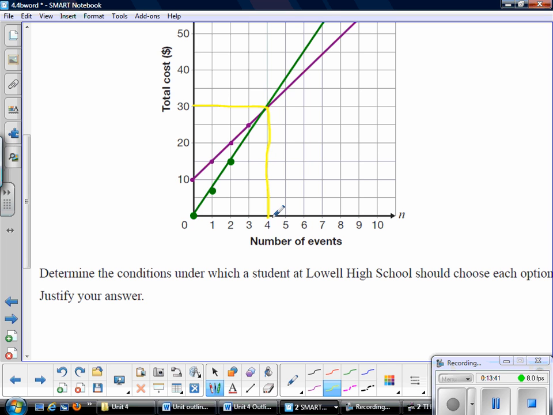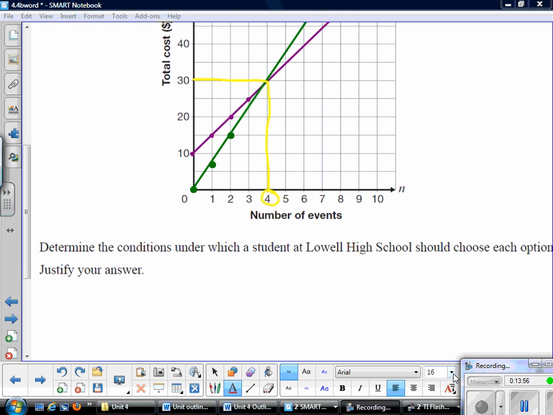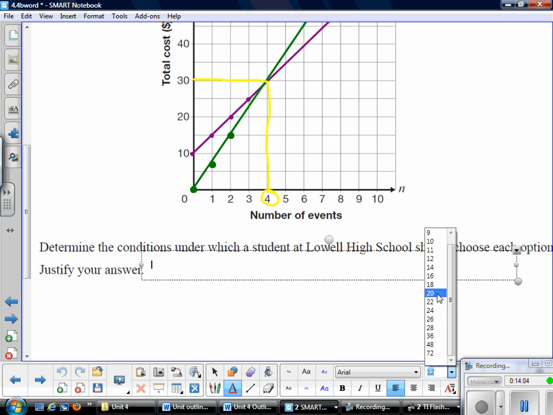So when 4 events occur, it costs the same whether you're student A or student B, right? So that's the first thing that I would write down. And I'm going to type it, just writing down exactly what we see there. And I better make it bigger so you can see it.